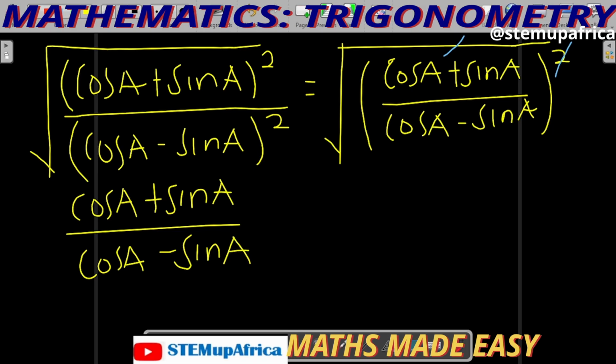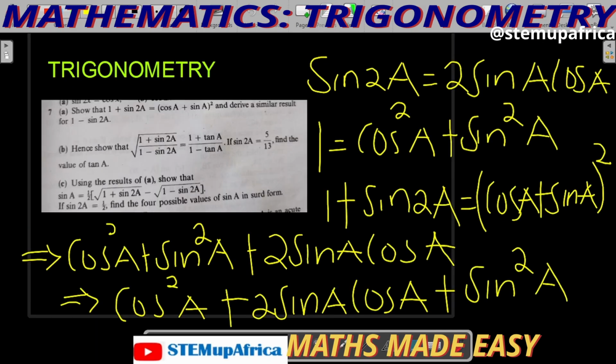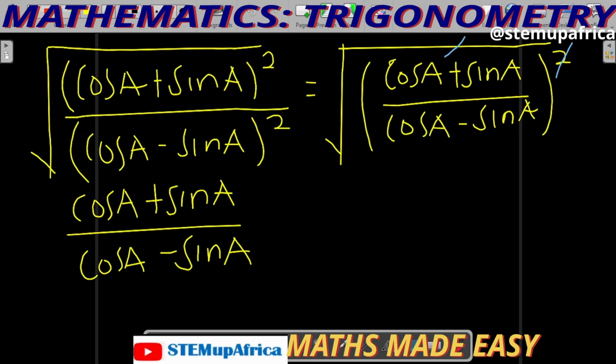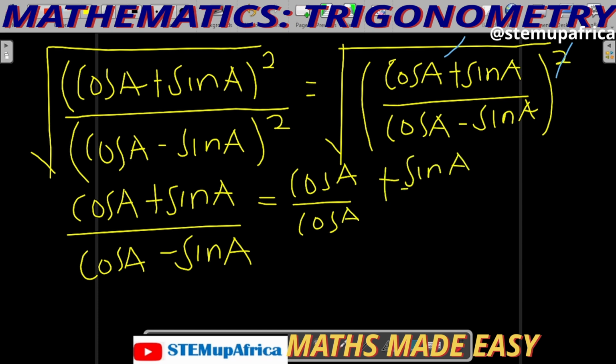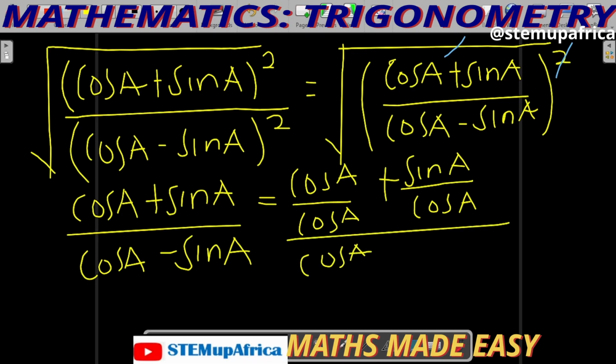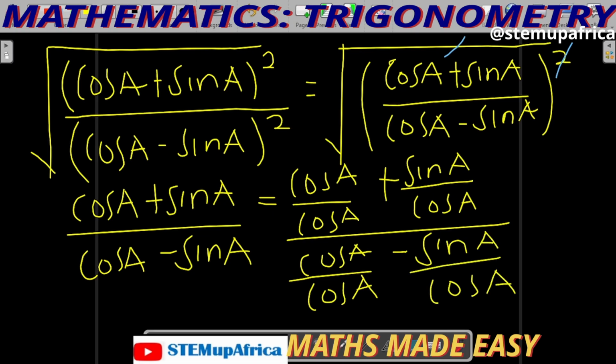So to achieve our result of 1 plus tan A over 1 minus tan A, let's divide through by cos A. If we divide through by cos A, what are we having? Cos A over cos A plus sine A over cos A, over cos A over cos A minus sine A over cos A. Cos A will cancel cos A, cos A will cancel cos A. What are we left with?